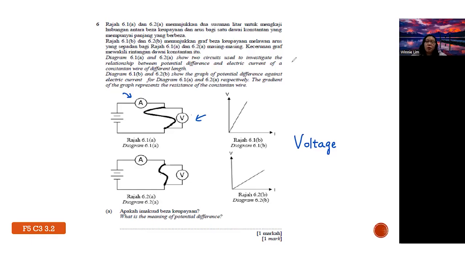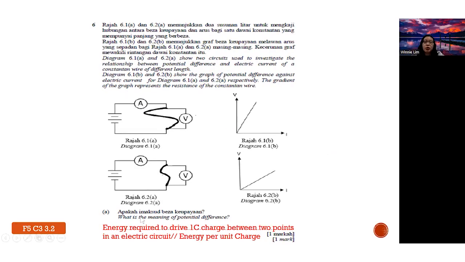The actual definition of potential difference is the energy required to drive 1 coulomb of charge between 2 points in an electrical circuit. You can replace the word with work done, same thing. It can be work done or energy, no problem, because energy transformed is equivalent to work done. Or in general, the formula to define potential difference is W over Q. I'm talking about the definition.